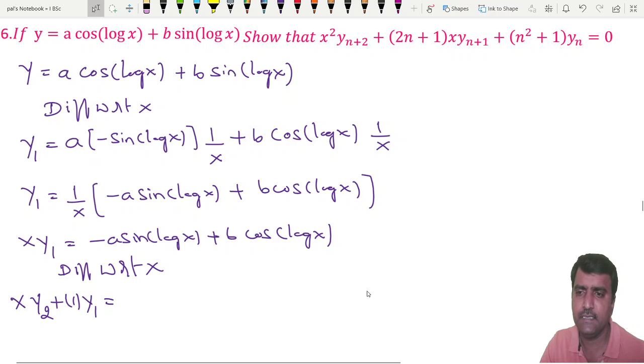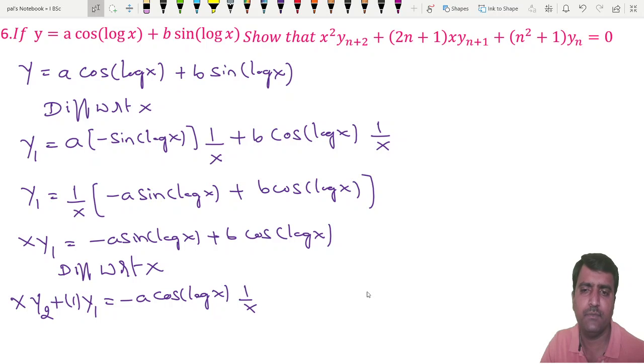This is equal to minus a into differentiation of sin of log x, which is cos of log x, again differentiation of log x is 1 by x. Similarly plus b into differentiation of cos, which is minus sin of log x, again times 1 by x.